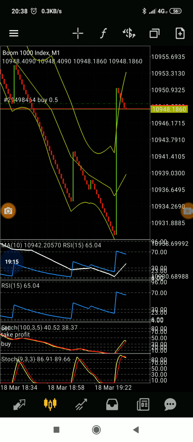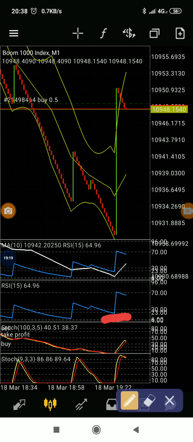Okay, where is the 23 level? Okay, this is it. The RSI is facing down, and in as much as the stochastic 933 is at 18 facing down.